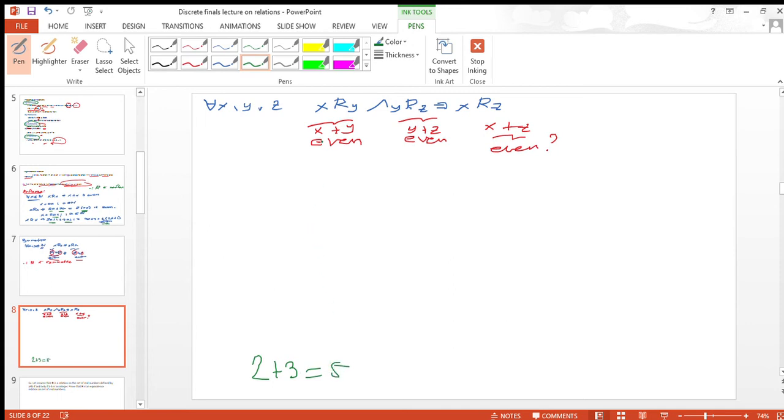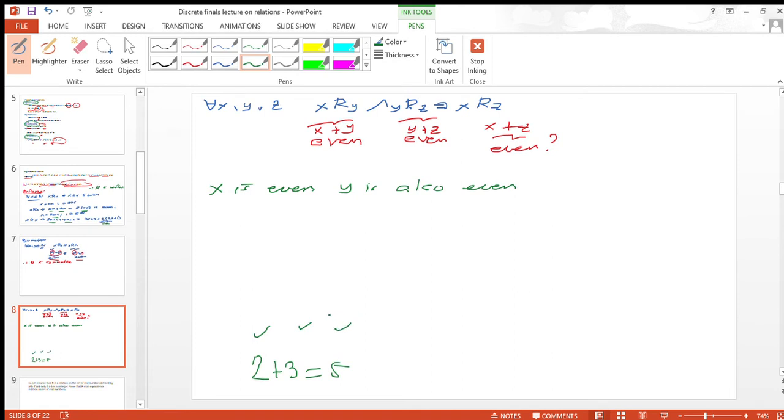So tingnan natin yung breakdown. Ibig sabihin dito is, if x is even, y is also even. Okay? Because if x is even, y is odd, the result is odd.